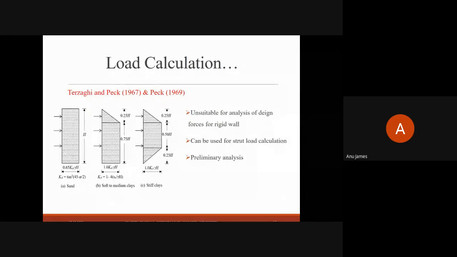For flexible structures like sheet pile walls, computations using these equations reasonably agree with the field measurements. But these equations can be used for the preliminary analysis regarding the strut load calculations, that's the forces developing on the lateral support systems of the diaphragm wall, but are not suitable for determining other design forces such as bending moments, axial forces, or shear forces.